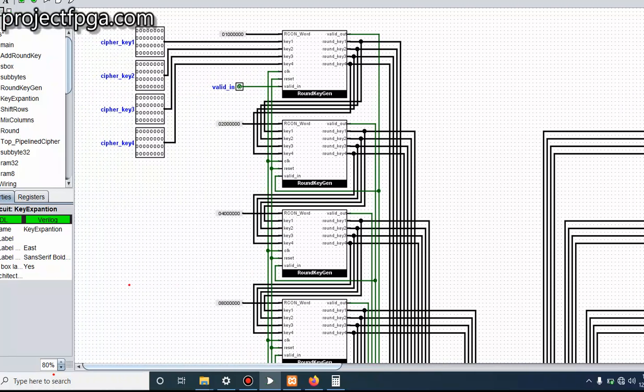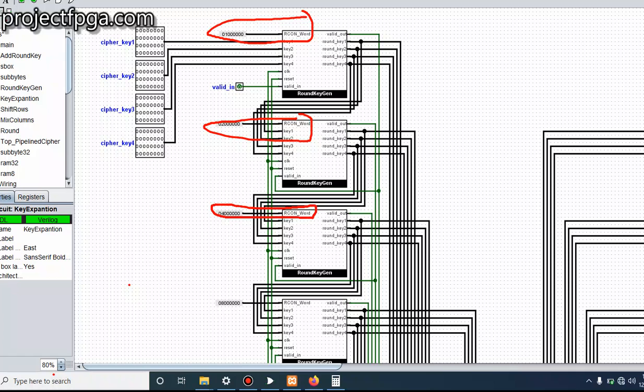Our main cipher key was fed into this round key generator. Now watch closely and see what happened to this outcome word. Different constants, different values. Watch the outcome word and see what it did.